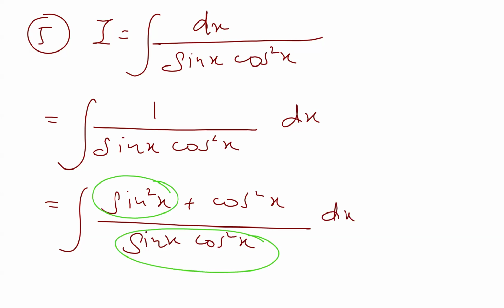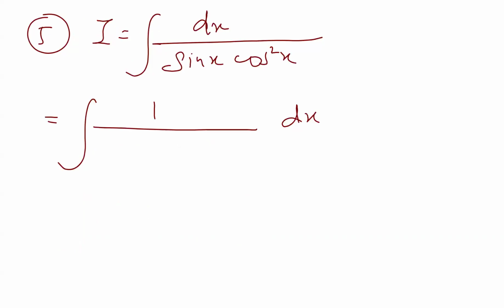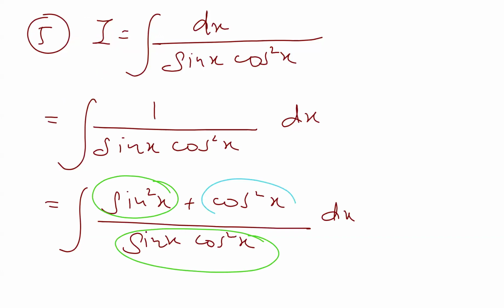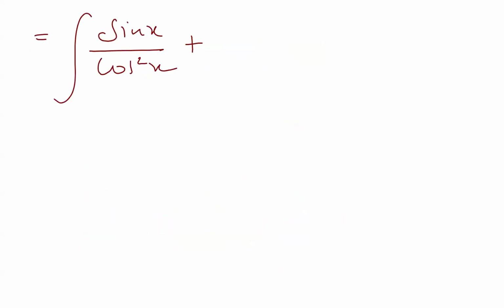So sin square upon sin, which is sin upon cos square x, plus the other part. Cos square cancels, so it is 1 upon sin x, and 1 upon sin x we should write as the next term.